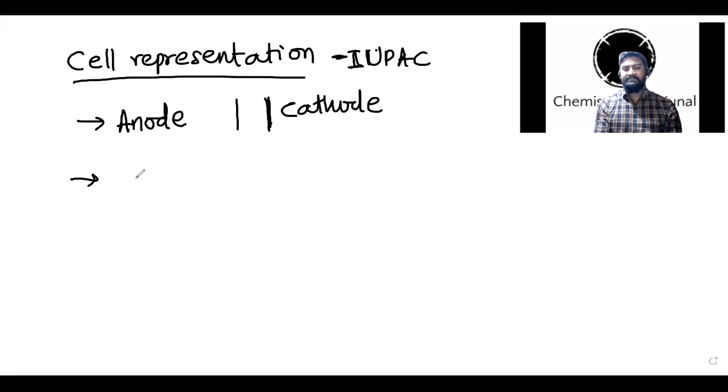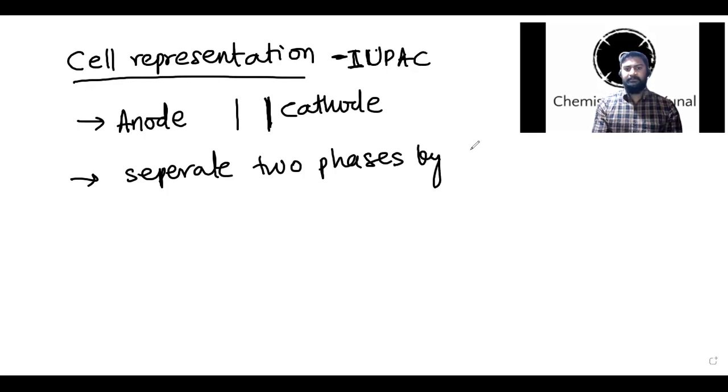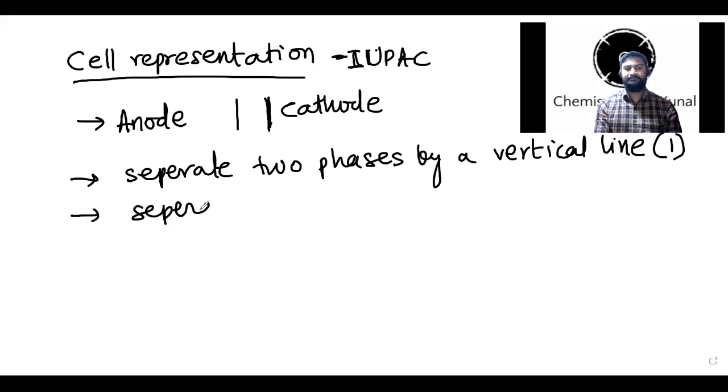The second thing IUPAC said was to separate two different phases, like solid, liquid, or aqueous solution, by a vertical line like this, and separate same phases by a comma.